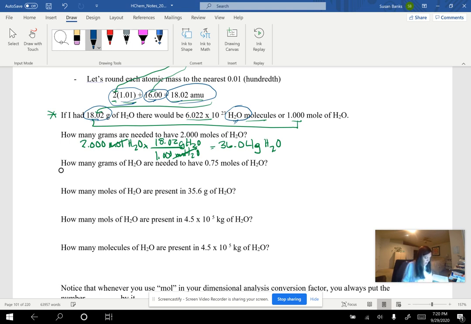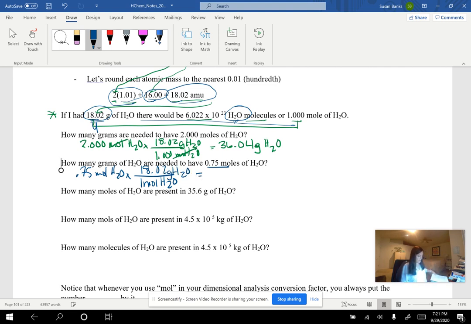Okay, so let's do some more here. How many grams of water are needed to have 0.75 moles? So I'm going to start with the number that's given me, 0.75 moles of water. And I want my moles of water to cancel, so I'm going to put moles on the bottom here. So in 1 mole of water, according to this up here, that gives me 18.02 grams of water.